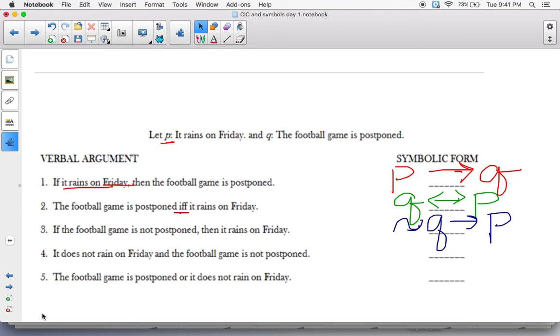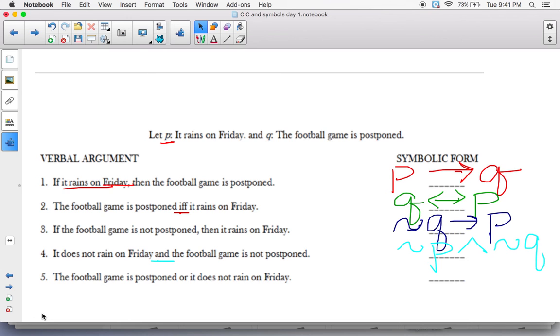Next one says, it does not rain on Friday and the football game is not postponed. We have to use that and symbol. So it does not rain on Friday is squiggly P. And will be the caret.